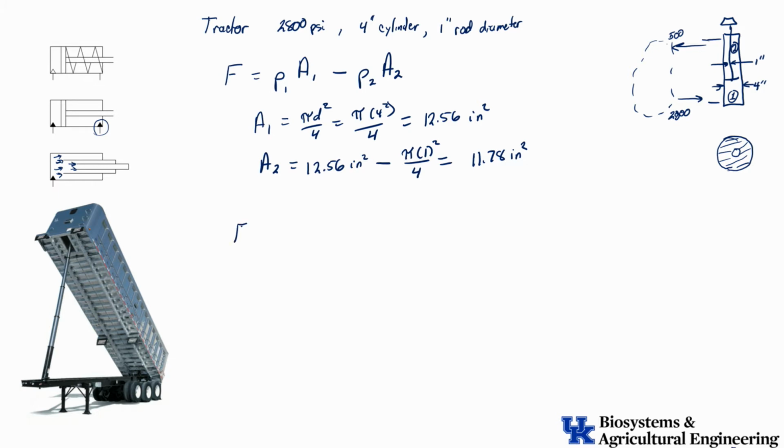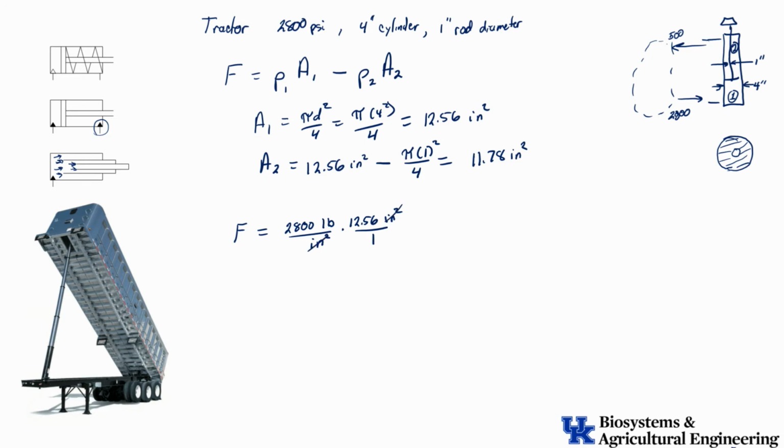All right, so what force can I develop? So the force that I can develop is equal to pressure on side 1, which is 2,800 PSI, let's write that out. What is a PSI? It's pounds per square inch, times my area, A1. What is A1? That's the 12.56, so times 12.56 square inches. The inches cancel off and I end up with pounds, okay?